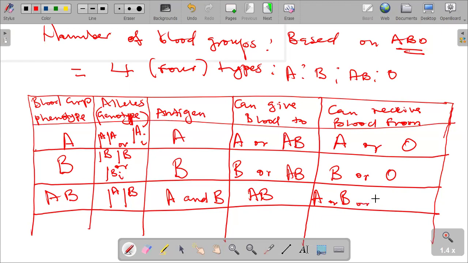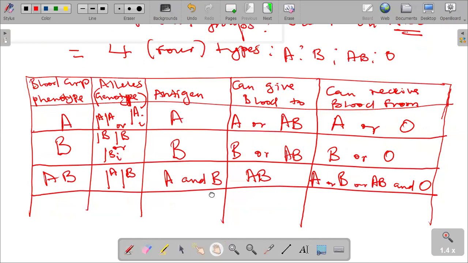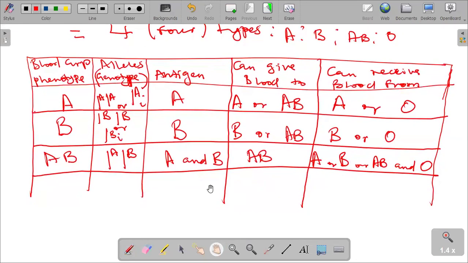And then we can also receive blood from AB and O. Those are the different blood types which this individual can receive blood from.